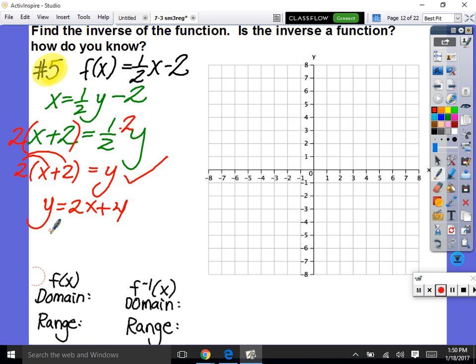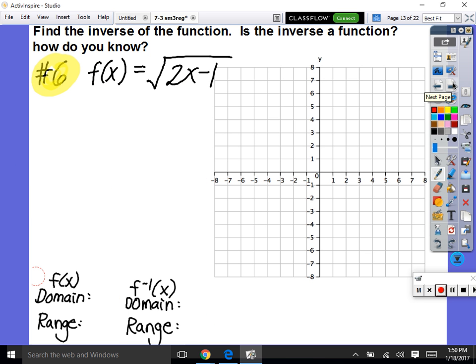This is my inverse. What's the domain on my line? All real numbers, so what's the range on my original? And then my domain on my original function. All real numbers, so the range is all real numbers. Do you see how we just use it to help ourselves not have to think as hard? Anybody confused? All right, let's do this one that's not a linear one.